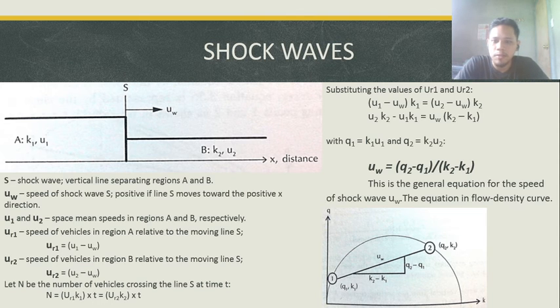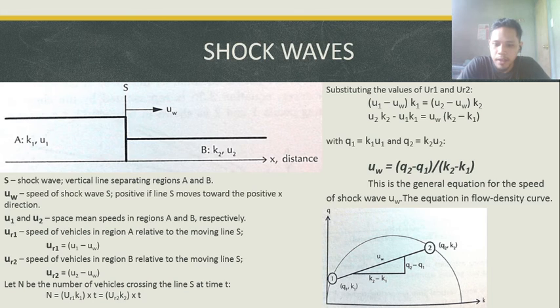times time. So substituting the values, we can produce the general equation for the speed of the shock wave, which is U sub W on the right side. U sub W is equal to Q2 minus Q1 over K2 minus K1, which is the change in flow over change in density.